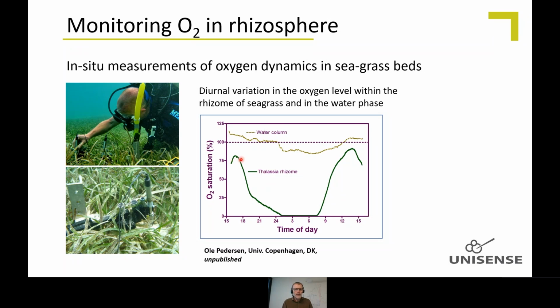And he also measured inside the rhizome of this seagrass, and saw that in the evening, when it was dark, oxygen was consumed inside the rhizome and was totally anoxic during night. And then when the sun came up again in the morning, oxygen would increase inside the rhizomes.